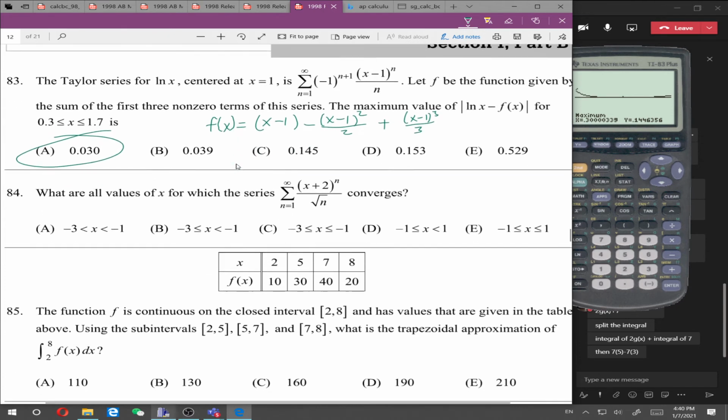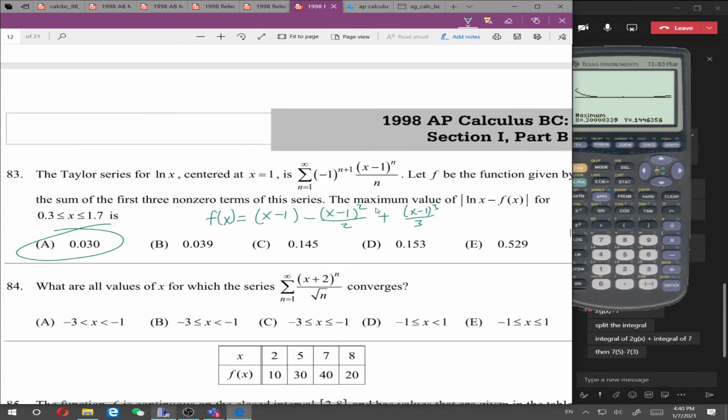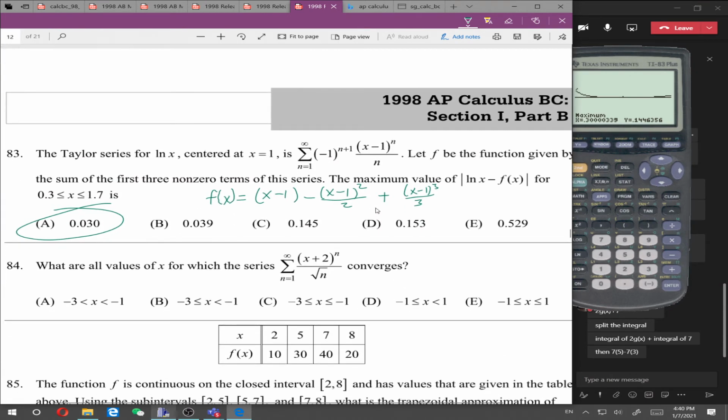All right. 84. I'm looking for what values of x this series would converge, and we're on Kyle next. Mr. Brendan, yes. Isn't 83 the y value?